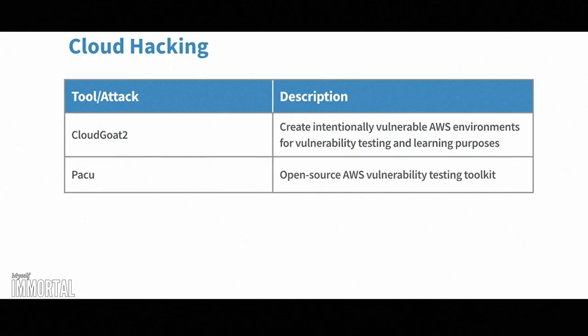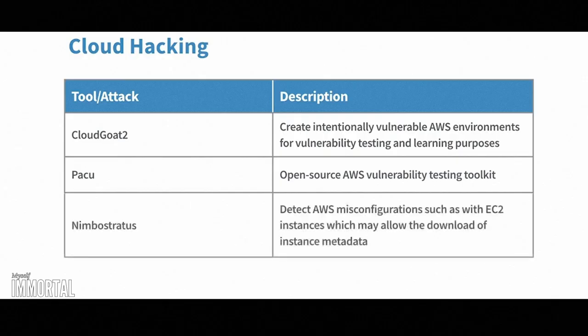This one is open source. And we also have Nimbo Stratus. This one, again, is related to AWS. It's designed as a vulnerability scanner to detect any security misconfigurations, such as EC2 instances or virtual machines, which might allow some of their data, their metadata, so data about the virtual machine and its configuration, to be downloaded.